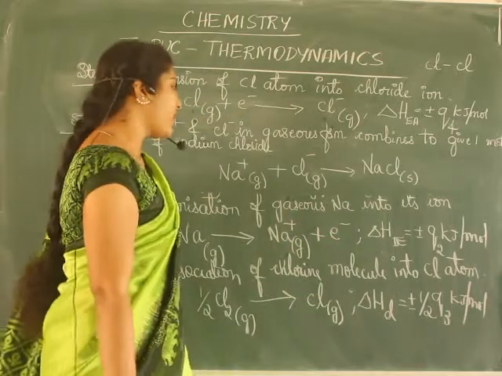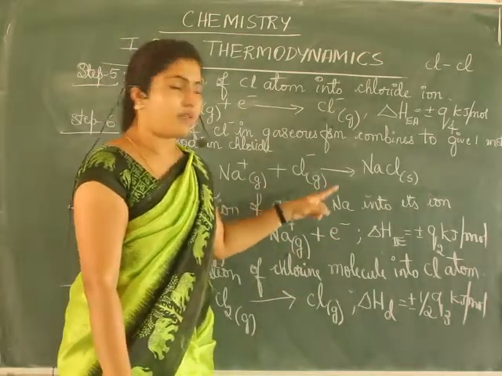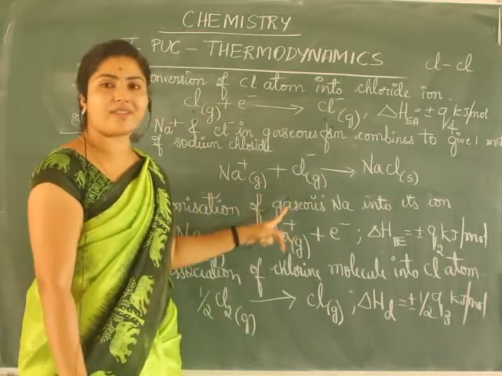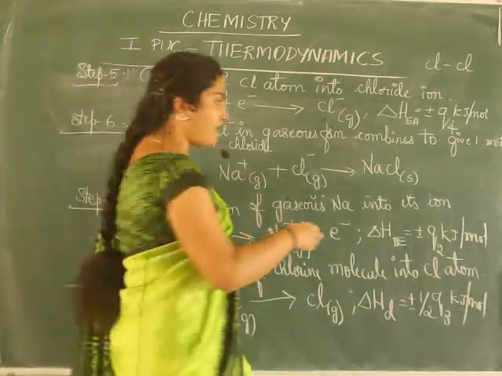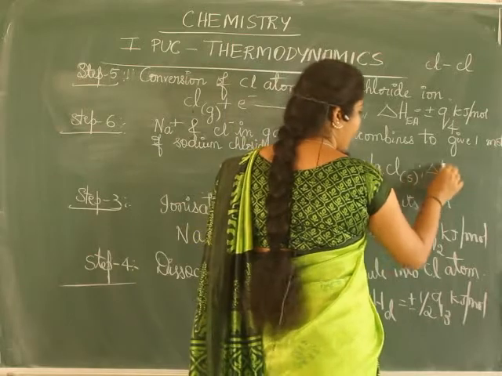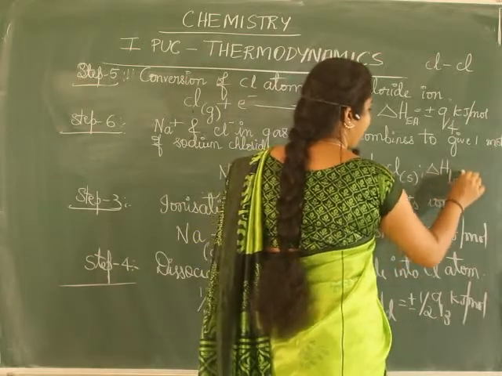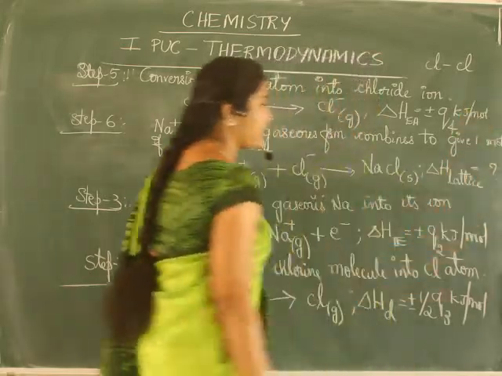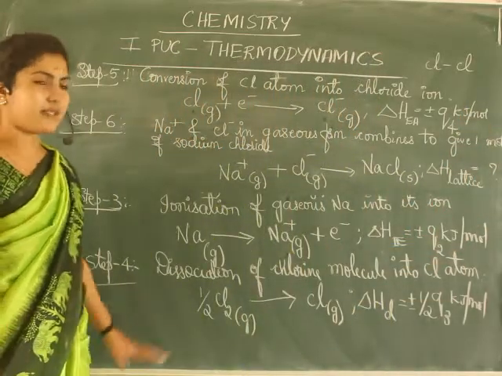Now what is it? The energy liberated when 1 mole of ionic compound is formed from its constituent gaseous ions is called its lattice energy. It is also called lattice enthalpy. We do not know what it is. Hope till here it is clear.